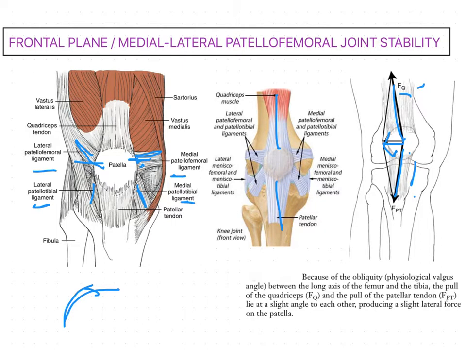These are thickenings of the anterior capsule, which extend from the inferior border of the patella distally to the anterior coronary ligaments and anterior margins of the tibia on each side of the patellar tendon. So here you can find these two patellofemoral ligaments, which form the longitudinal stabilizers.